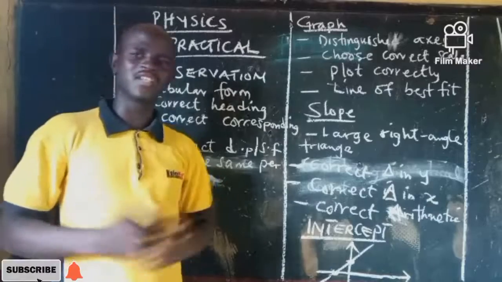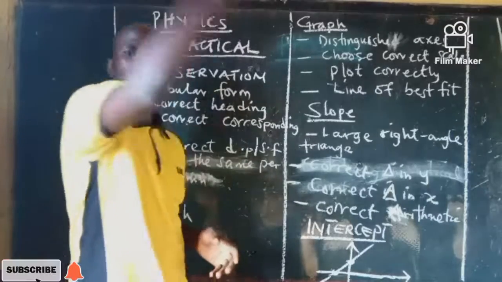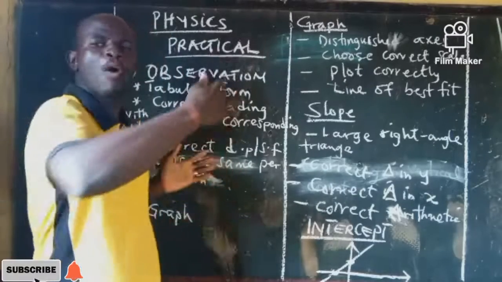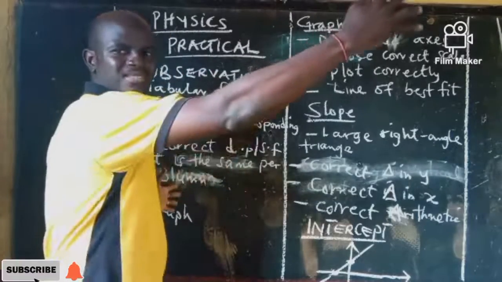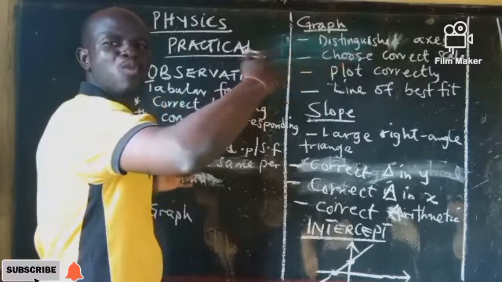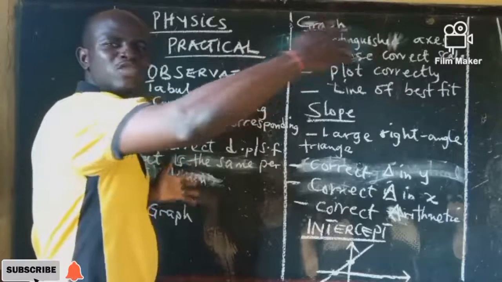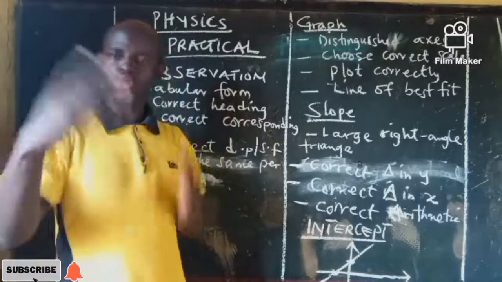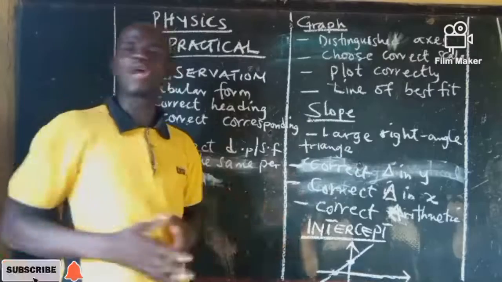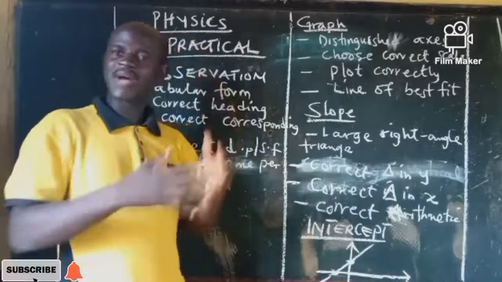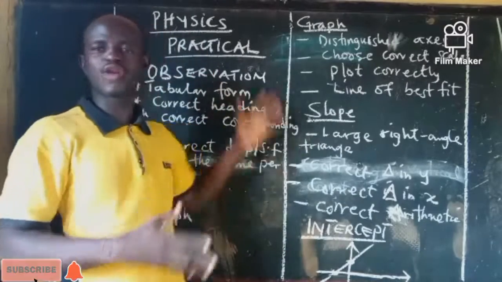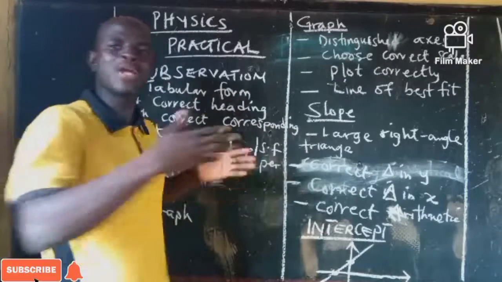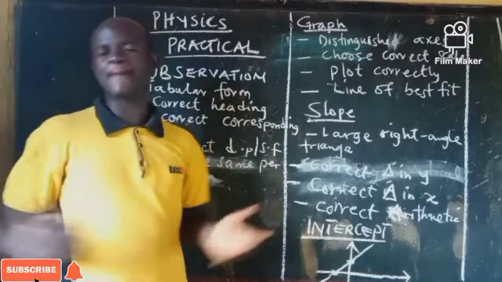And how can we achieve this? On the line that you have drawn, pick 2 points that are wide apart. 2 readable points, easy to read points that are wide apart. Don't worry, by the time we are dealing with a practical example on how to go about this, I will explain further. So pick 2 points that are wide apart.